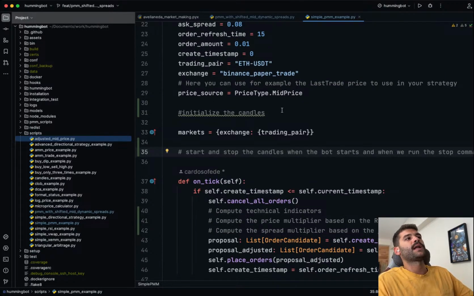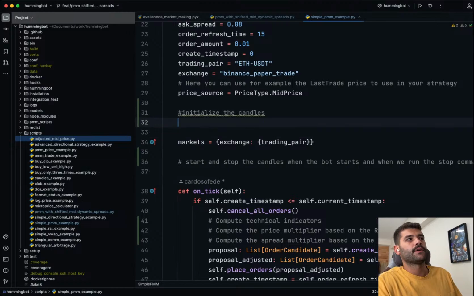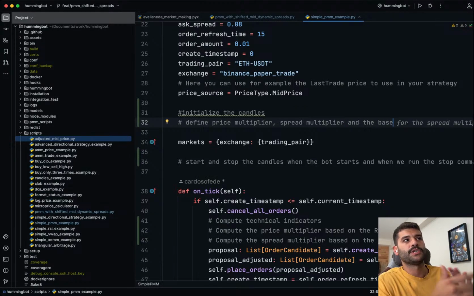And we should define the parameters that will be the price multiplier. Also define price multiplier, spread multiplier, and the base, like the price base, which is the type of the price that we are going to use, and which is a spread base that we are going to use.